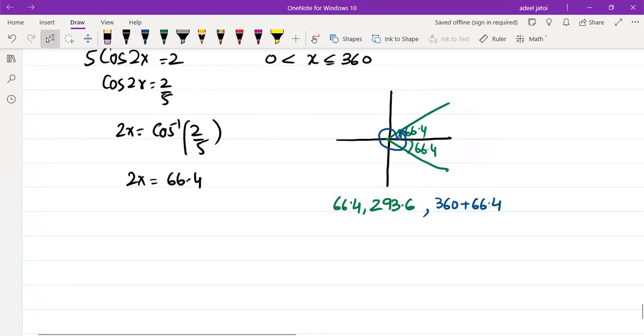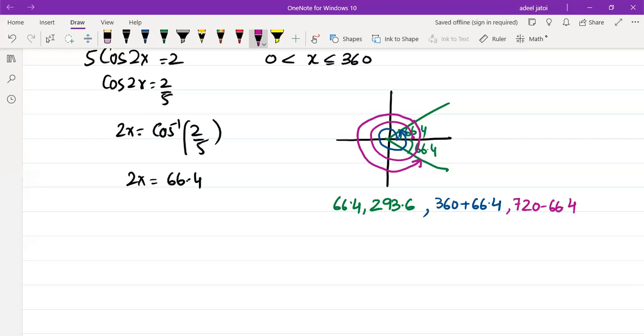But obviously, I will also be finding my fourth angle. I'll be starting my fourth angle right from here. I'll cross the first basic angle, I'll cross the second, then I'll cross the third basic angle as well, to go to my fourth basic angle line. So after a 360 rotation, and again a 360 rotation, that becomes 720. Can I say my fourth angle will be 720 minus 66.4?